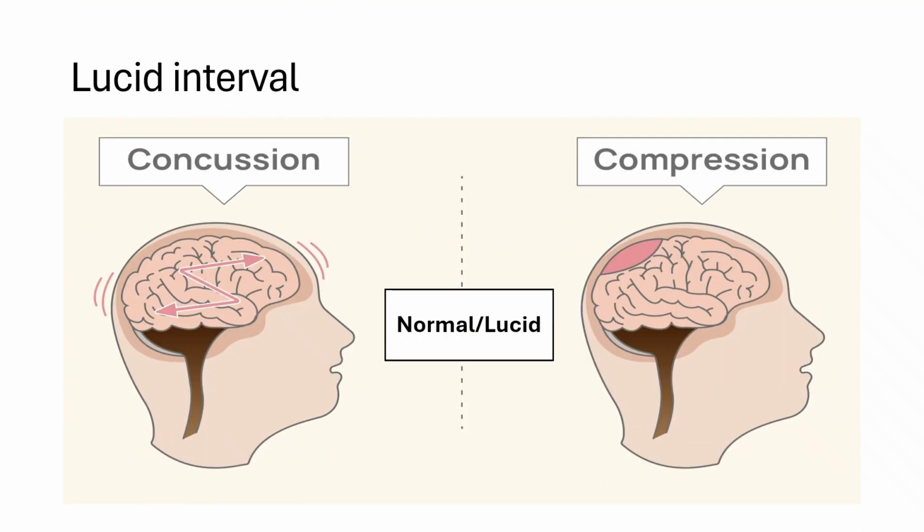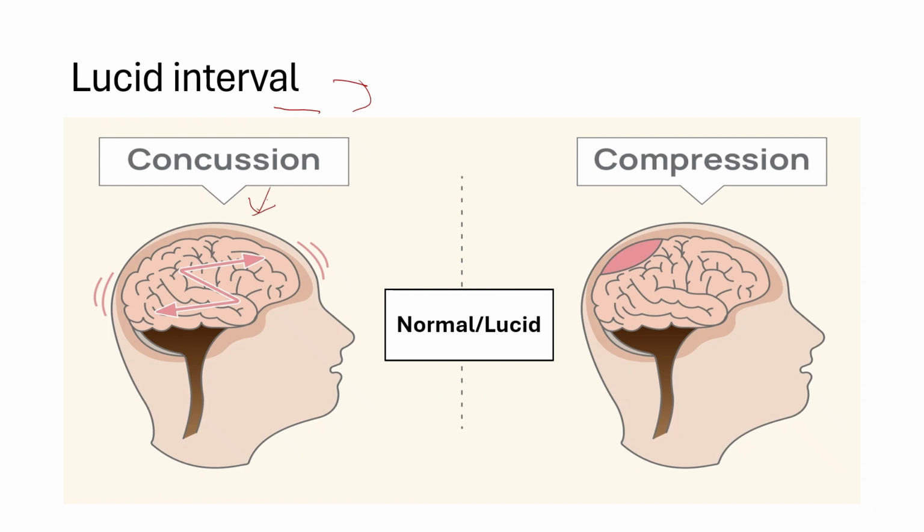Lucid interval is the clinical clue for the diagnosis of epidural hematoma. So what is the lucid interval? It is the period of consciousness or normal state between two periods of unconsciousness or confusion. The initial period of confusion or unconsciousness occurs due to concussion of the brain parenchyma.